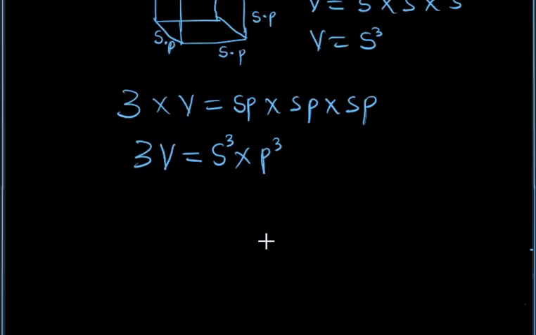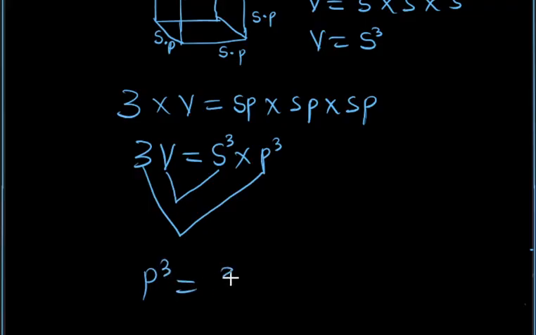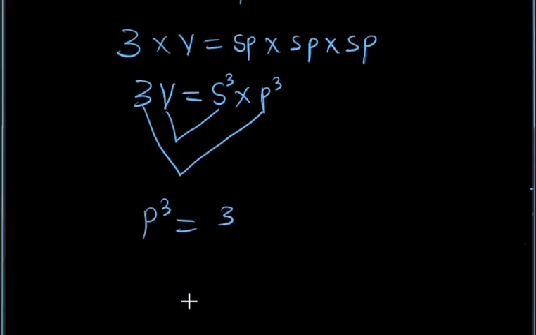Now this is all the increments put together. You know that V is equal to S cube, right? Also, this is the increment. So this gives us P cube is equal to 3, right?